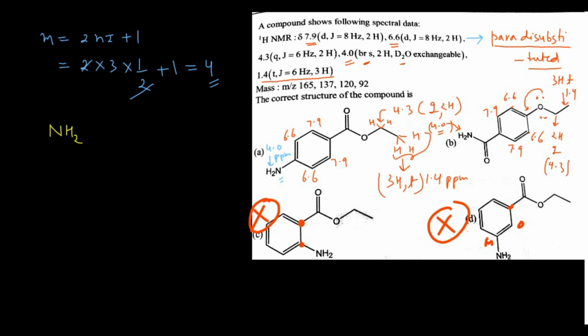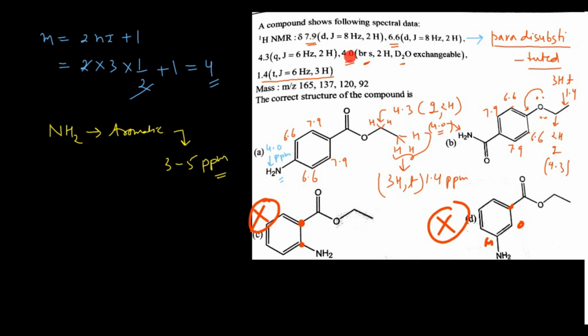And see, generally what happens, if this NH2 is aromatic in nature, its chemical shift roughly goes in this range, 3 to 5 ppm. Okay, and in the question you are saying that this NH2 is giving the peak at 4.0.